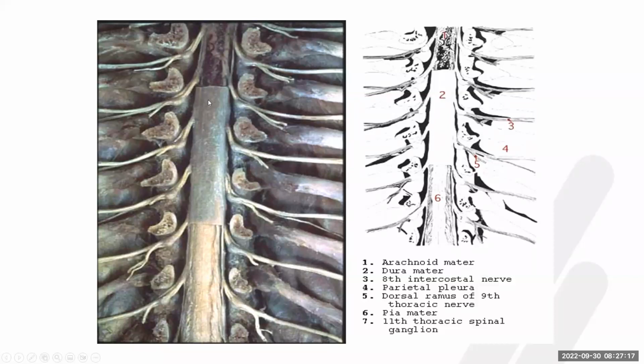This is very important, and you need to know that the segment is not against the intervertebral foramen. The nerve emerges from the intervertebral foramen, but the segment is higher than the nerve. And as you go down, this obliquity increases because there is a larger difference between the spinal cord and vertebral column.